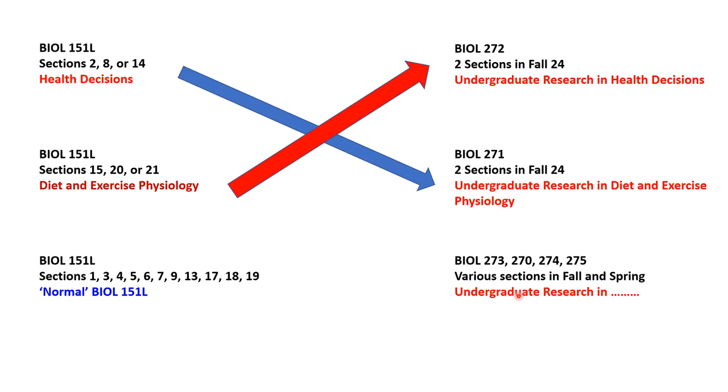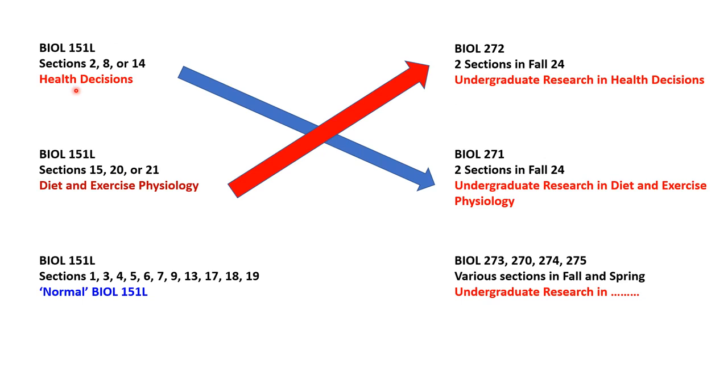And now that's not to say that that's the way it has to be, right? You could do a normal 151 section this semester and decide to take a specialized 270 course in the fall. You might just be a little bit behind the learning curve and have to participate in sort of our learning boot camp for that semester.